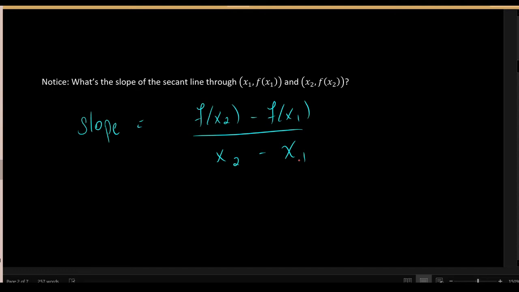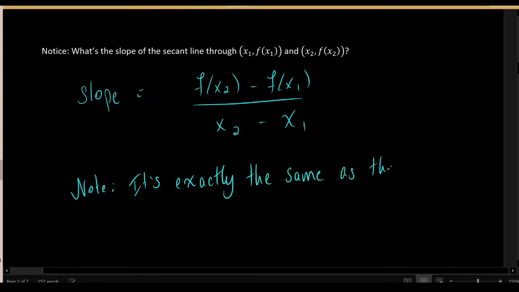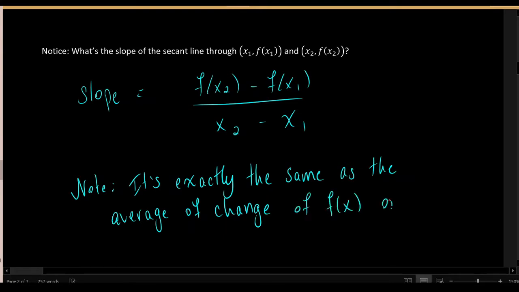Does this formula seem kind of familiar? This formula is exactly the same thing that we gave for the average rate of change of the function f of x on the interval from x1 to x2.